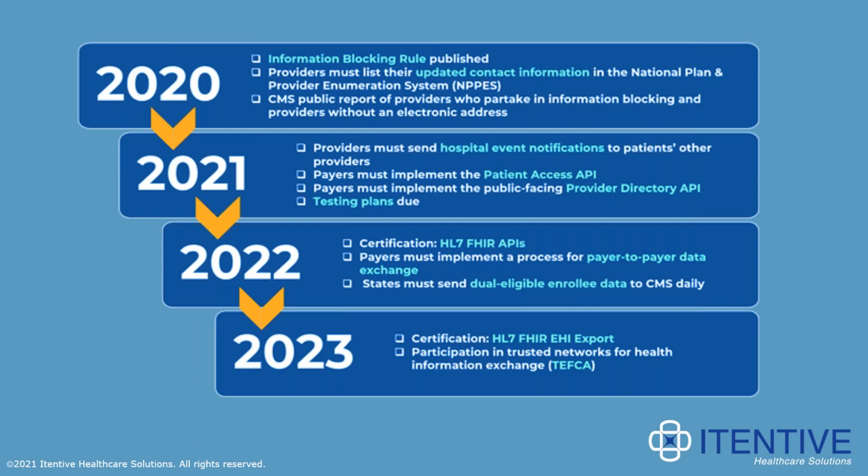So you can see, like I said, some of these have passed, or some of these deadlines may be delayed due to the public health emergencies, but this is coming. This is where the healthcare industry is going. You can see just based on the items in light blue on the slide here that understanding what APIs and FHIR mean is crucial to our success in the future of healthcare.